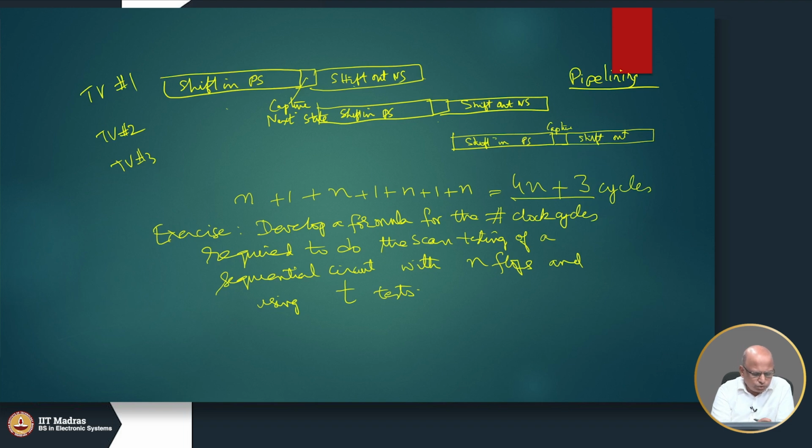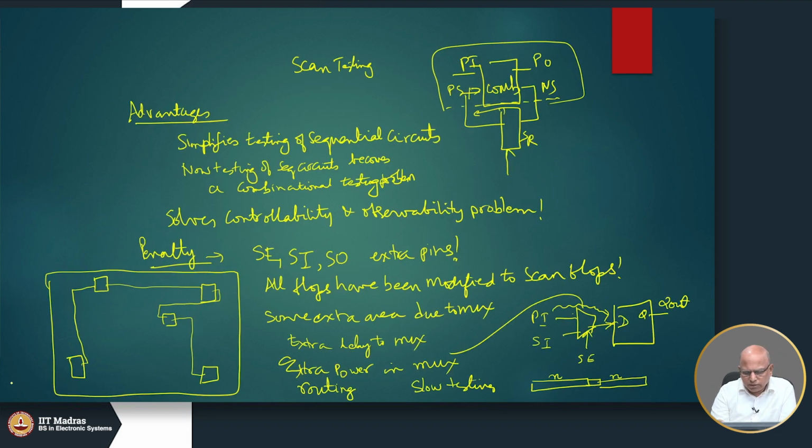So, these are the issues with scan test. We need extra area, we need extra power, we need extra delay, we need extra wiring. That wiring complicates things, it extra area it will also take. Even this may impact the performance of the chip, the extra area. We need extra pins. So, in the early days, I think when it was first proposed, it met with a lot of opposition, right.